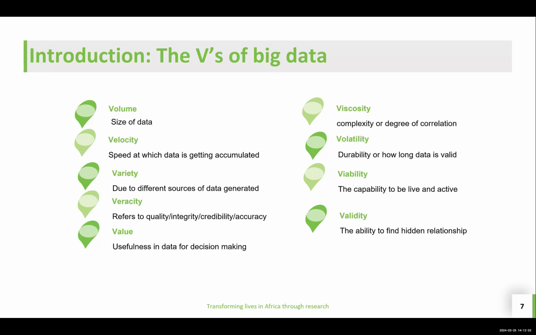You could be collecting data about households, individual purchases, or health information about individuals. But how can you merge these different data sets into one and use them in analysis? There are other aspects, but the key ones are volume, velocity, and variety.